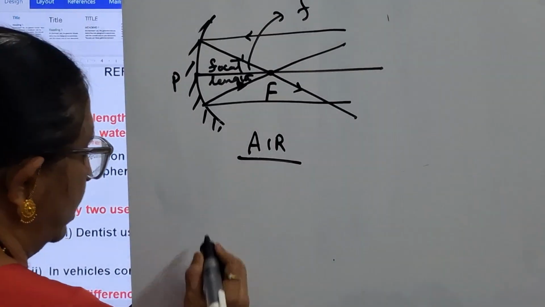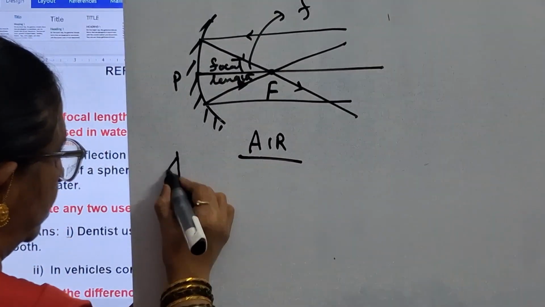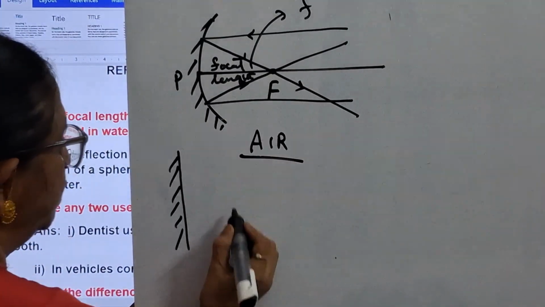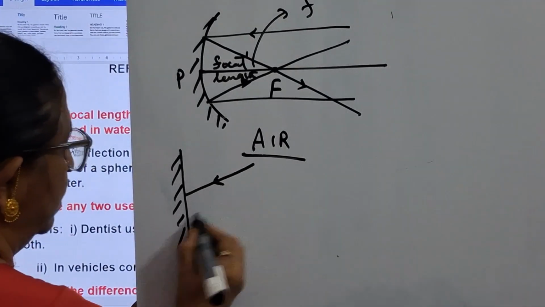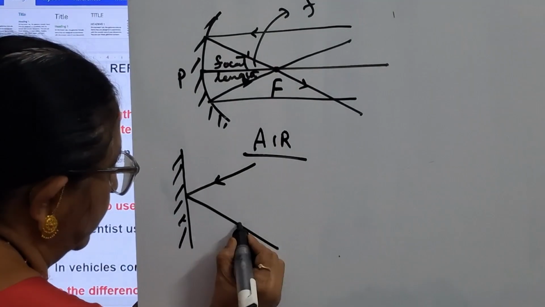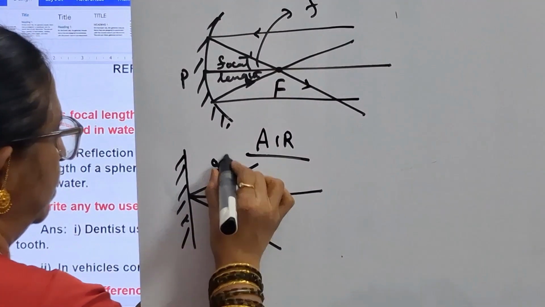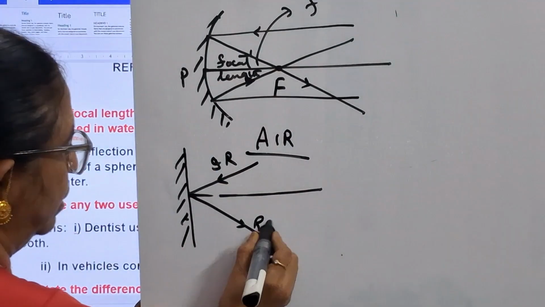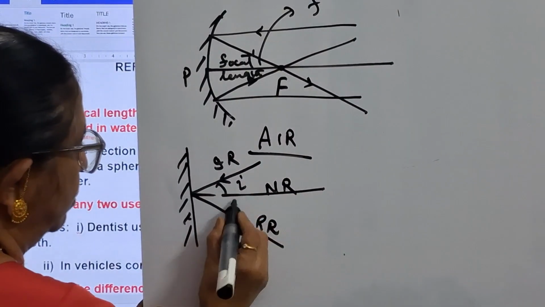Actually, we know that for a normal mirror, this is the mirror, this is the shaded side. This is the incident ray, this is the reflected ray, and this is the normal. This is called the angle of incidence.